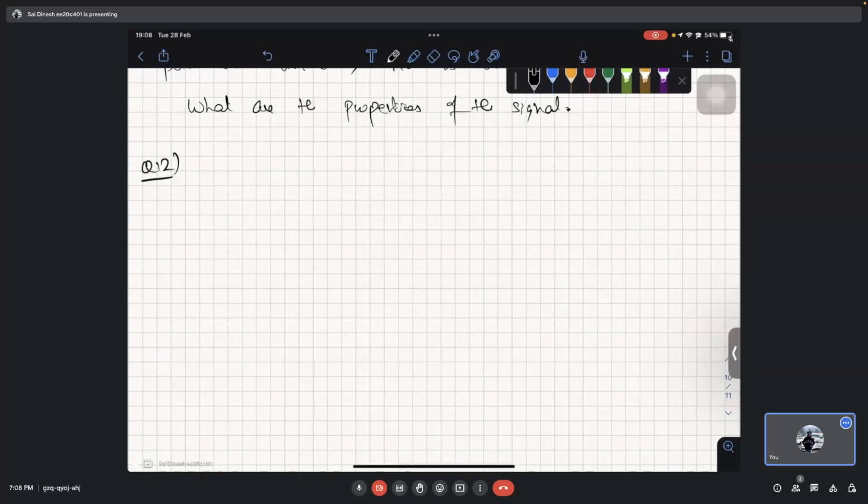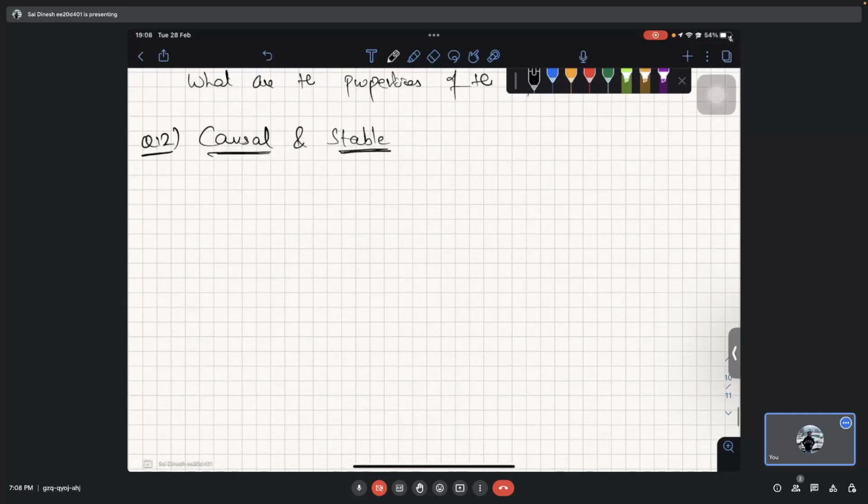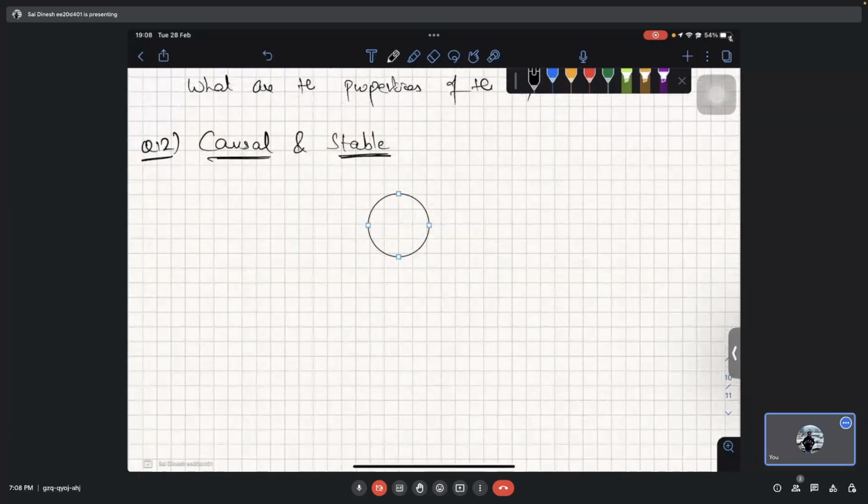Question 12, it is given that the system is causal and stable, right?